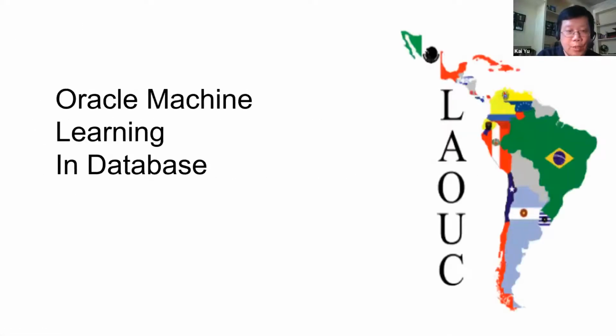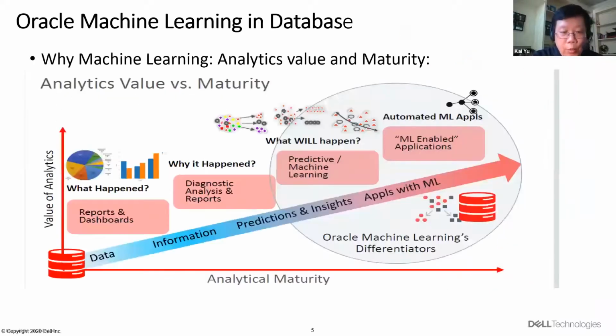So let's jump into Oracle Machine Learning in database. Many of us probably already have some experience with data warehousing. Back in the old days, we not only had a transaction database, we also built a data model, a data warehouse, by collecting all the historical data into this data model.